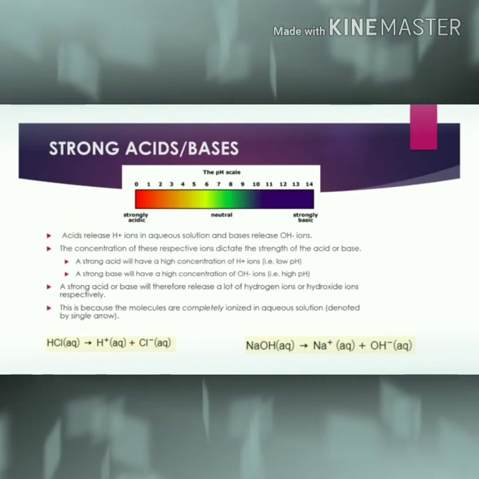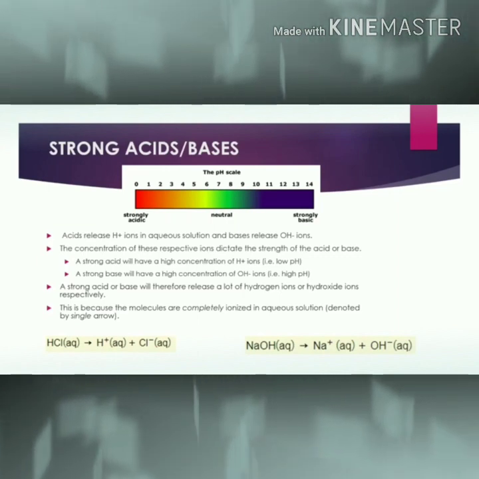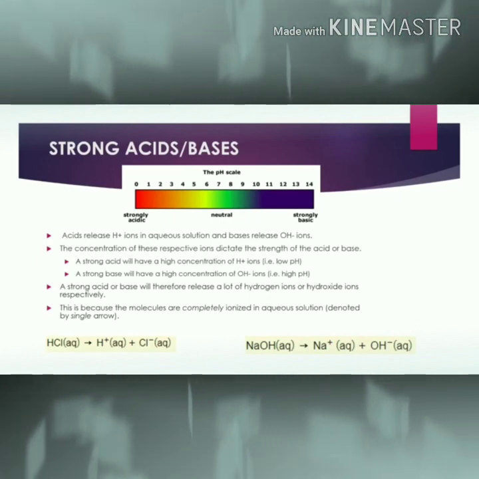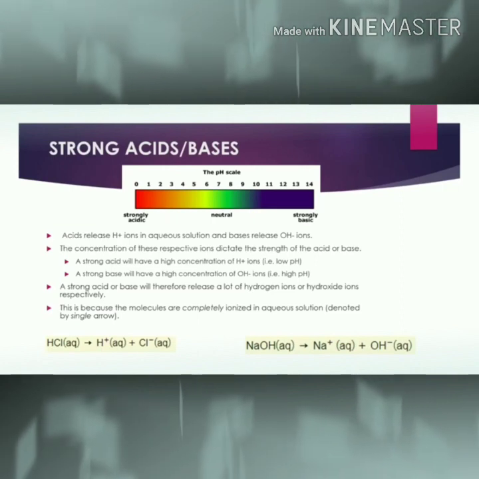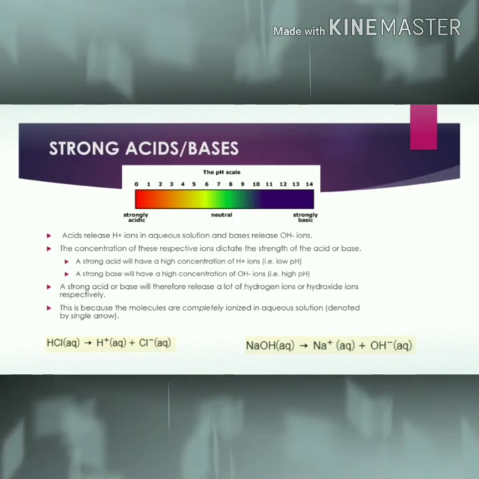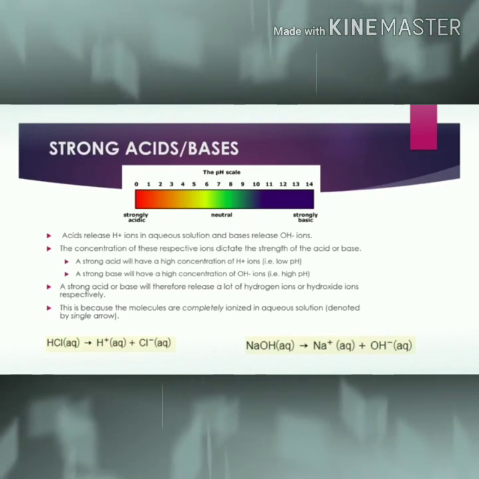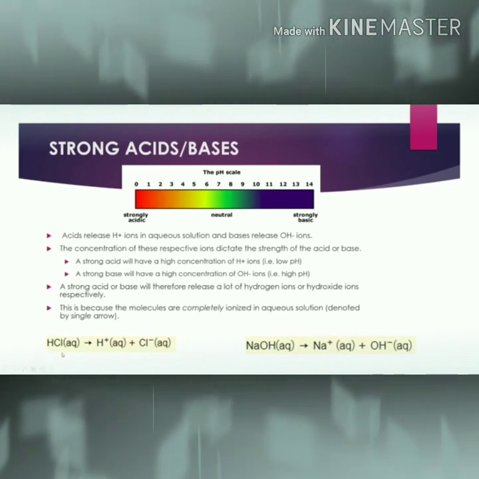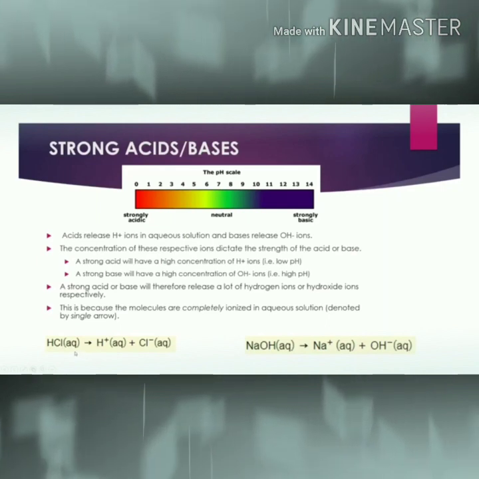Basically, if you like to define strong acid, it is a substance which can dissociate completely, I mean broken down completely into ions in an aqueous medium. A strong base is a substance which can dissociate, I mean broken down completely into ions in an aqueous medium, known as a strong base.